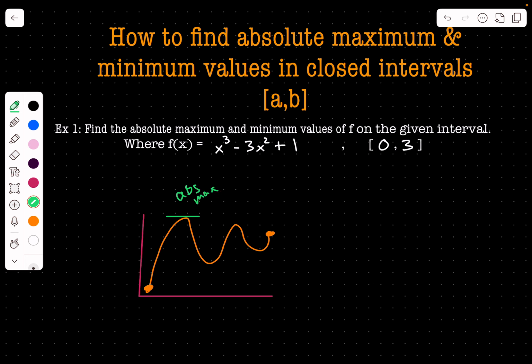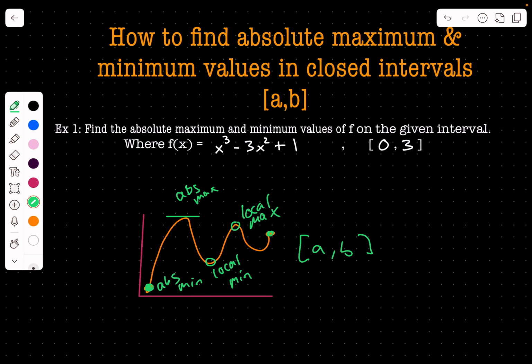It's included when it's colored in. We have a closed interval from A to B, so this can be included, and this is our absolute minimum. This guy is our local max, and this guy is our local min.